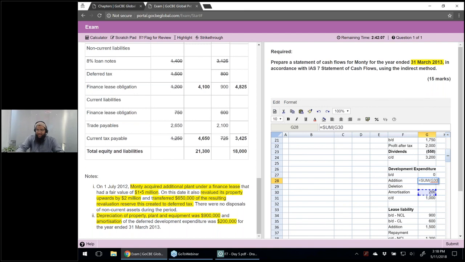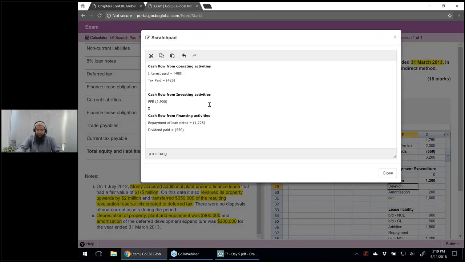We have purchased actually the development expenditure. So the purchase addition is going to be 1,200, and this should be taken to the investing activities. We can call this intangible asset, which is going to be 1,200 negative.